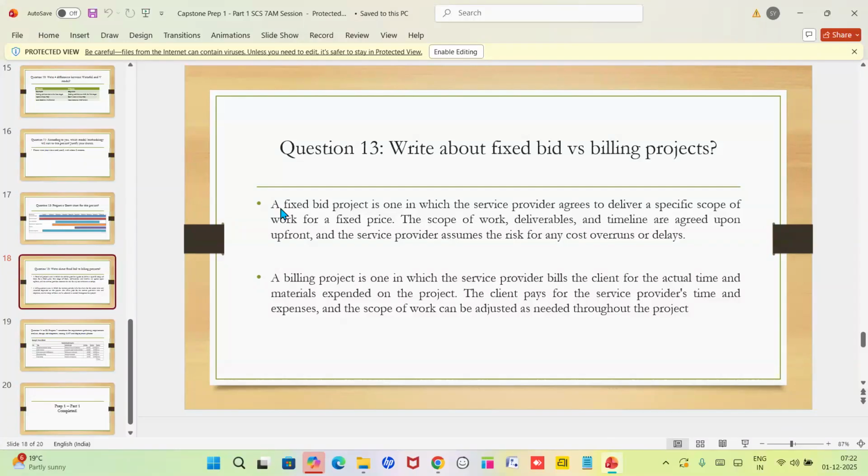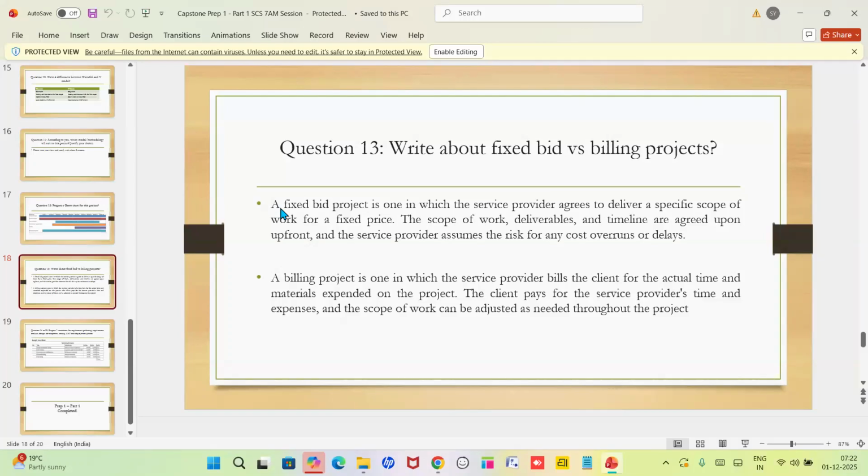And coming to billing projects, in a billing project the client won't hand the project over fully to anyone. He will take charge of the project, and he will release the budget according to the resources he has used. Here the risk is for the client. For example, he will pay the developers depending on the time they spent, the particular time they invest to complete that application.